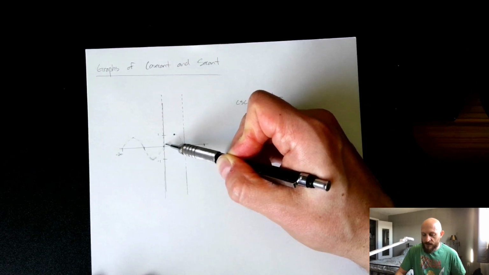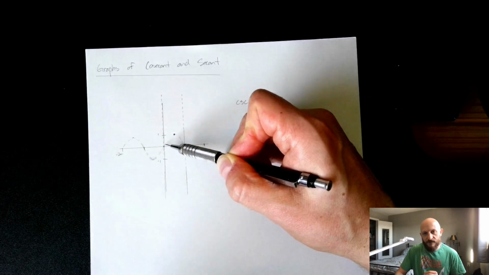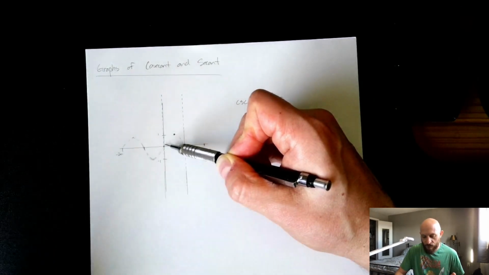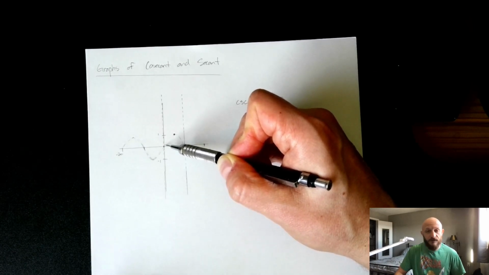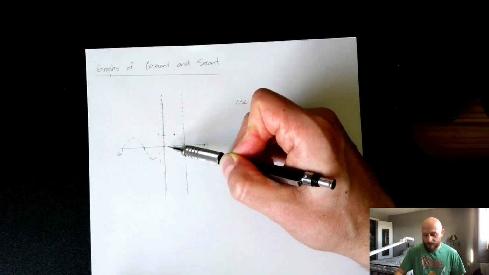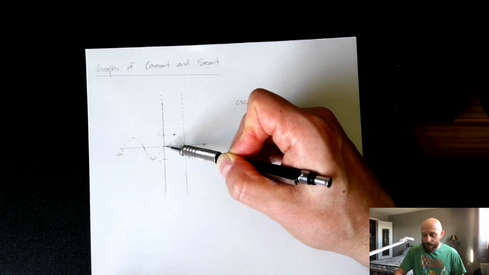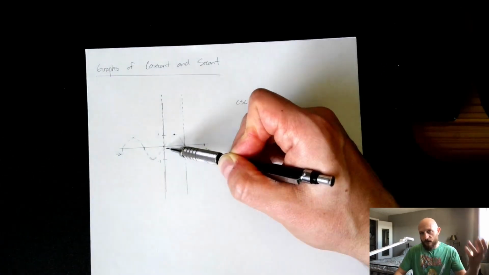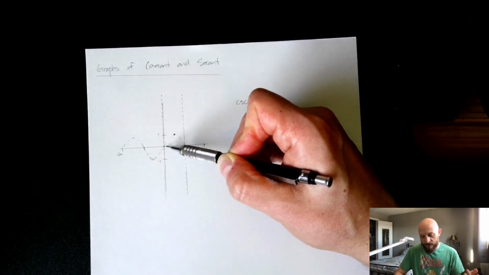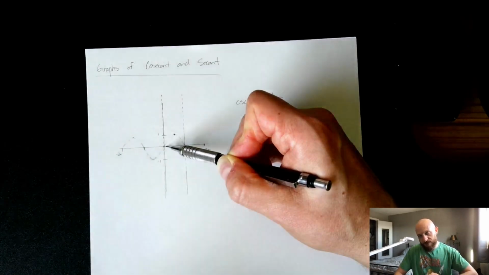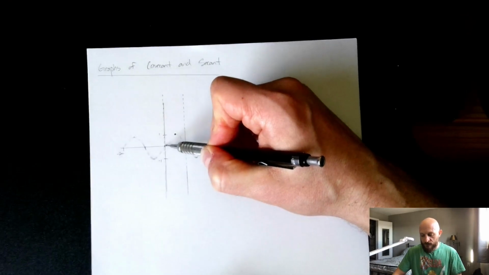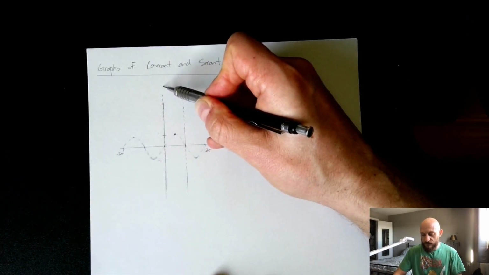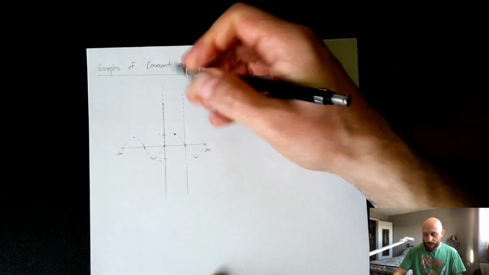So right here, where x is just slightly bigger than 0, x is, I don't know, 1 over 1 million, the output of sine is also really small, maybe 1 over 1 million, meaning that at this point, cosecant would be very large. If sine is very small, 1 divided by something very small is something very big. So here where sine is small, cosecant is really big, so there'd be points up here.